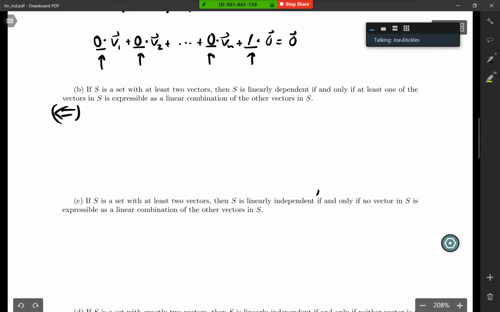All right, so the other direction is that we're going to suppose. I like to use the word assume when I'm doing proof by contradiction. So we're going to suppose that one of the vectors is a linear combination of the others.